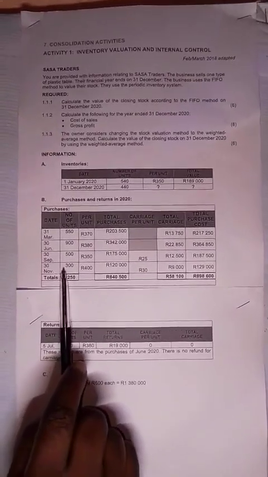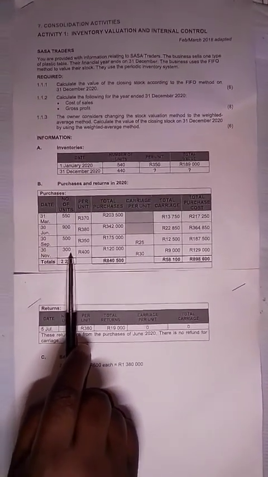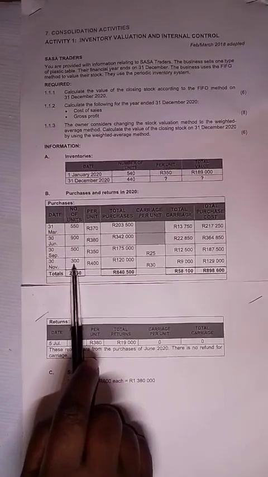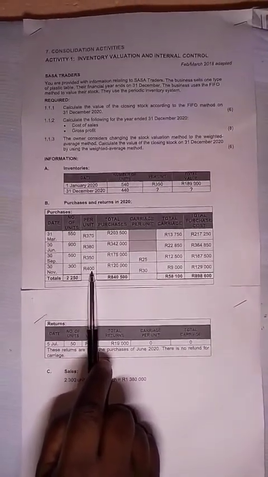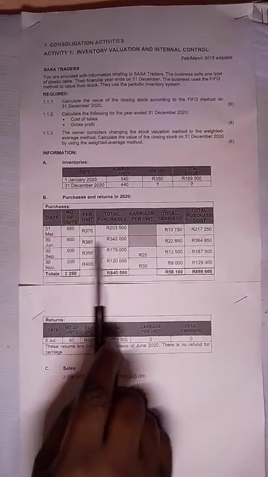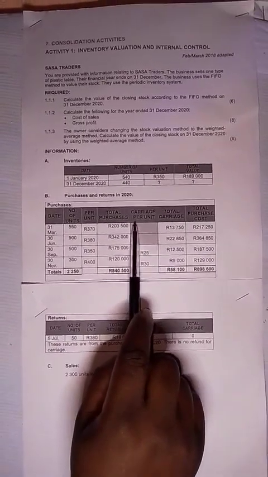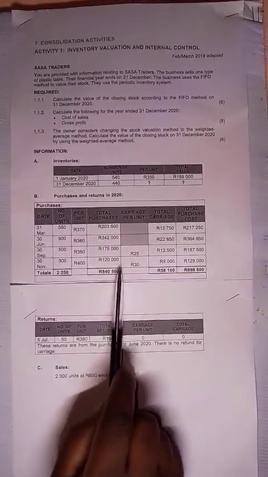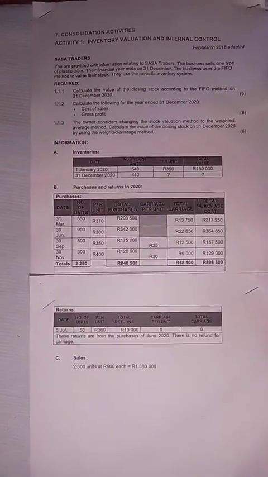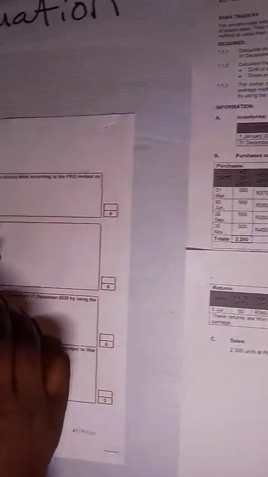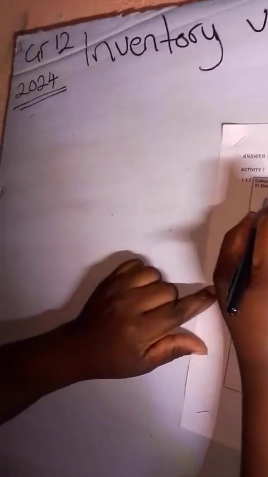So this is what we'll simply do. We are going to take all the items in the month of November, the 300 items, and then we multiply by the cost per unit. And also at the same time, if you look at our table, we also have got the carriages per unit. We are also going to include the money for the carriages. Okay, so let me do my calculation on this answer template. I'll indicate November.